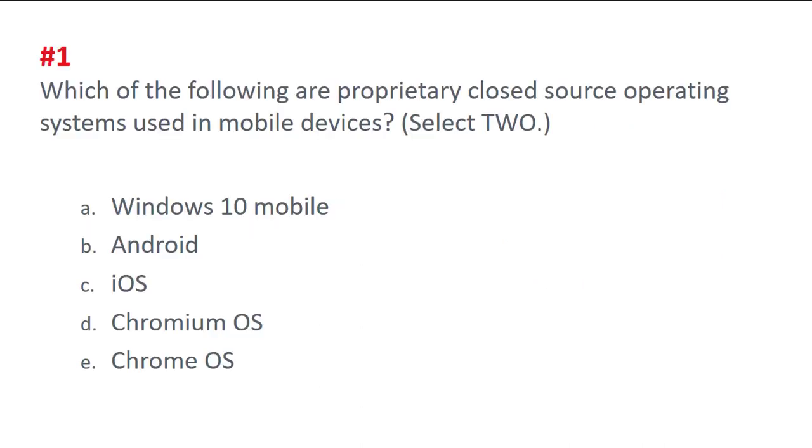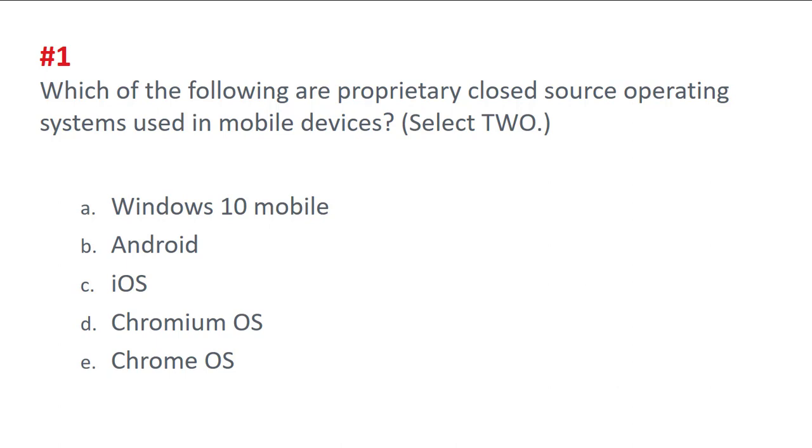With question 1, ask yourself, which of the following are proprietary closed source operating systems used in mobile devices today? Now you are told here to select 2. Sometimes you may get a question that says select all that apply. In this question I'm giving you the choice of selecting 2 so that you know out of these 5 which 2 to select.